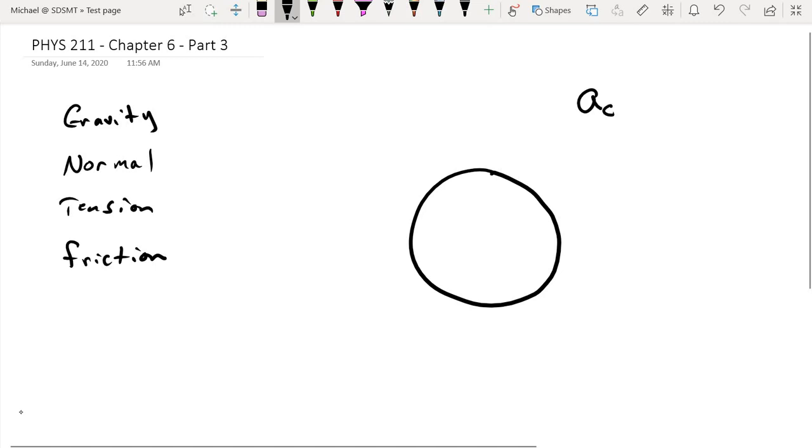In Chapter 4, we had a derivation where we put everything together in terms of traveling around a uniform circular path of radius r with a constant speed of v. We called that uniform because we would constantly be changing the direction of our velocity vector.